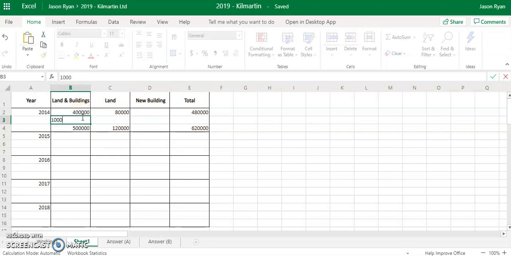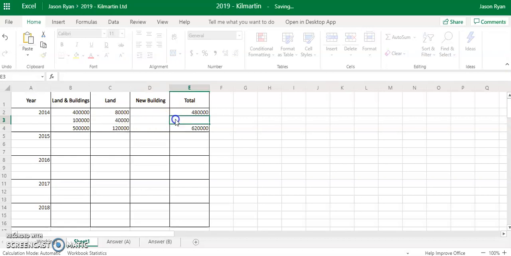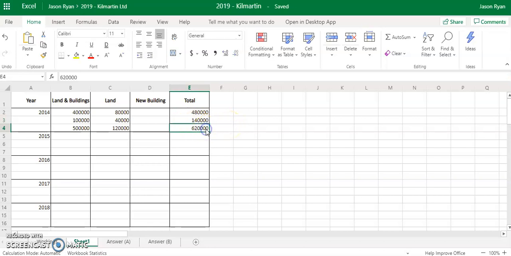So that's a revaluation of 100,000 here, and here, a revaluation of 40,000. So your revaluation is going to be 140,000, and that 140,000 is going to go into your revaluation reserve account when we come to do it. The 480 is going to be your opening balance in your land and buildings, and then 620 is going to be your new balance that you bring down to next year. And the difference then will be 140, which is your revaluation figure.